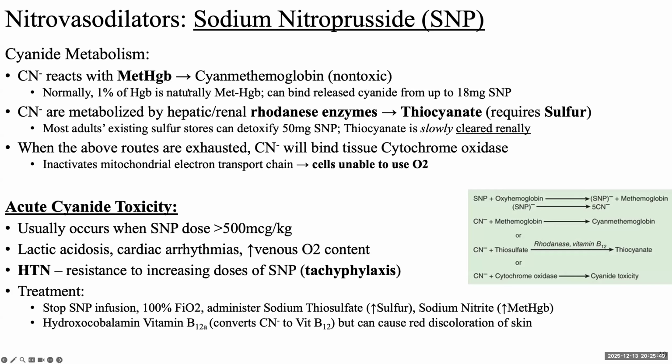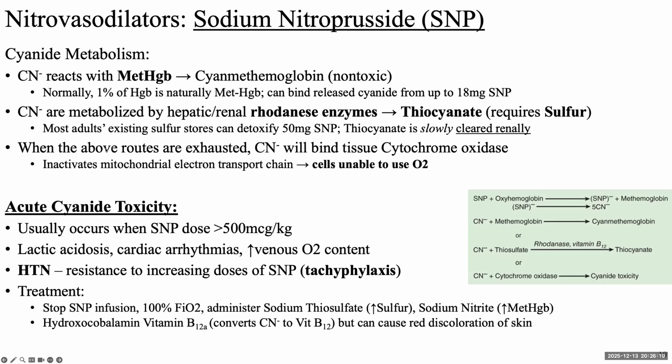Normally 1% of our hemoglobin is naturally in a methemoglobin state, and this can bind the released cyanide from up to about 18 milligrams of sodium nitroprusside, right? So that's how much we have in the methemoglobin reservoirs. We could accommodate up to 18 milligrams of SNP.